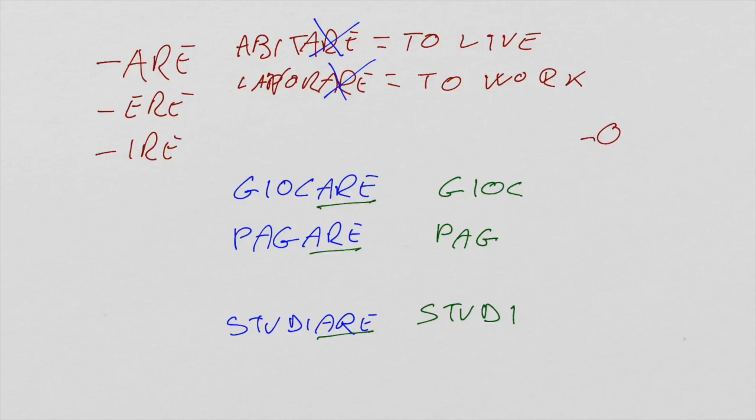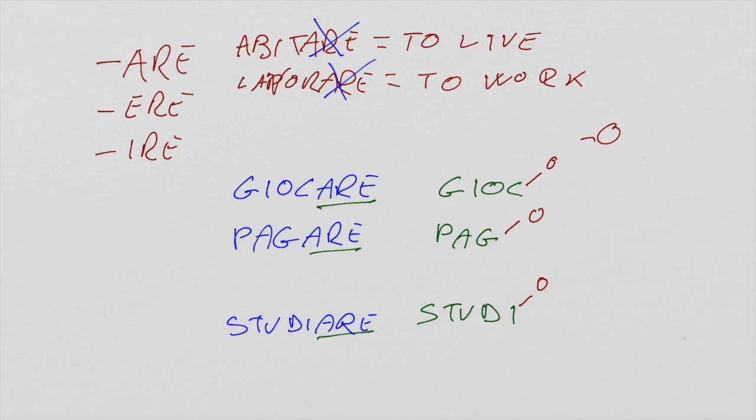So if you want to say I play, because giocare means to play a game, it will be io gioco, one word. If you want to say I pay, because pagare means to pay, it will be io pago. If you want to say I study, because studiare means to study, io studio.